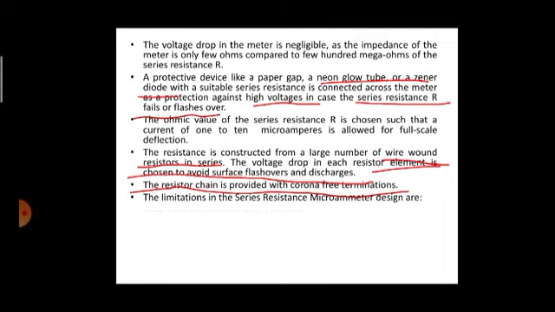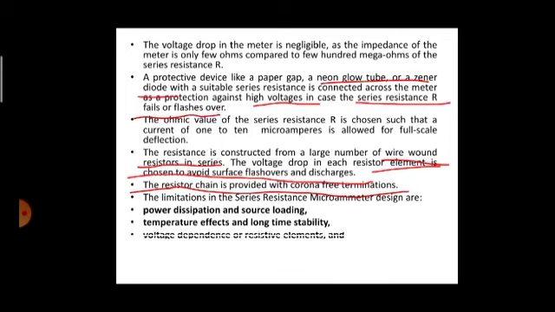Okay, so the first limitation is power dissipation and the source loading. Here the power dissipation is more and the source loading effect can be seen. Next is the effect of temperature and long time stability. Then voltage dependence of resistive elements and sensitivity to mechanical stresses are seen.